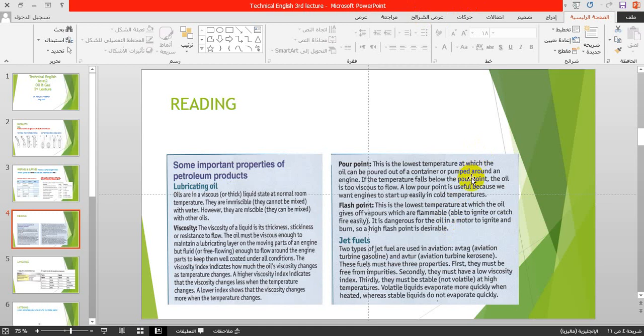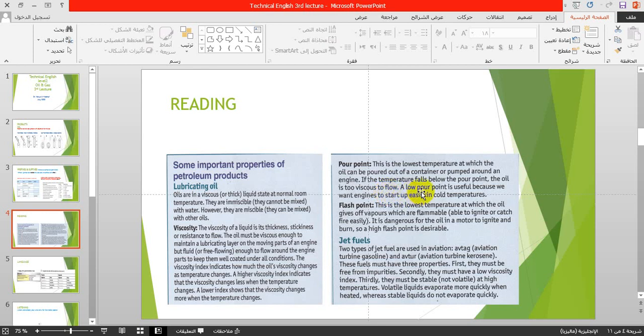Now, this is the lowest temperature at which the oil can be poured out of a container or pumped around an engine. If the temperature falls below the pour point, the oil is too viscous to flow.